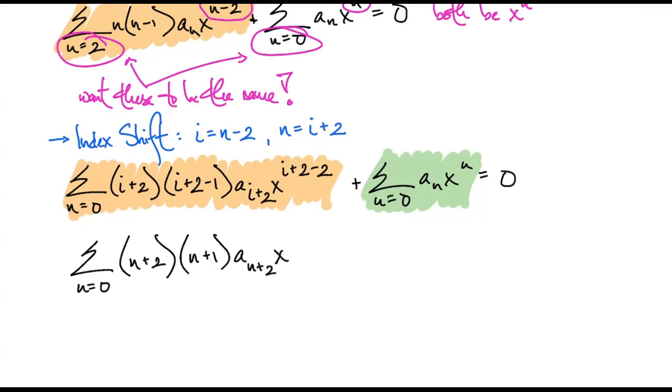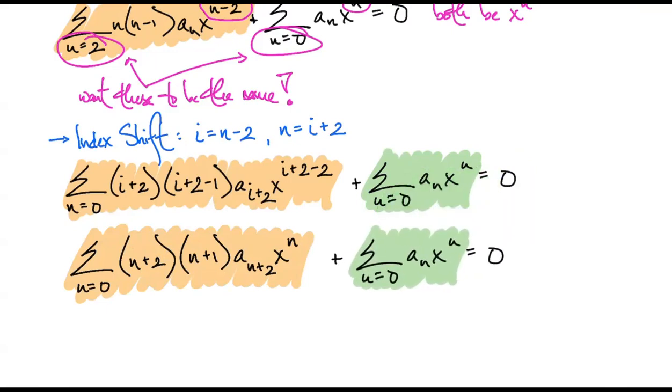And this becomes x to the n. Plus the green, right? So we have orange plus green.